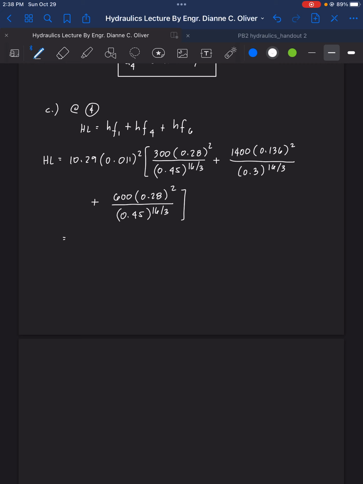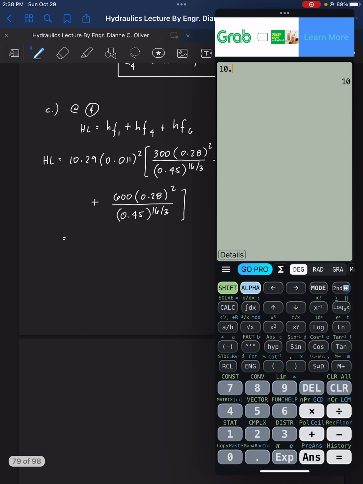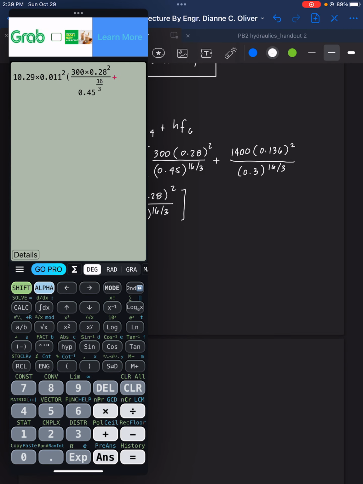So head loss is equal to 300 times 0.28 squared over 0.45 raised to 16 over 3, plus 1,400 times 0.136 squared all over 0.3 raised to 16 over 3.